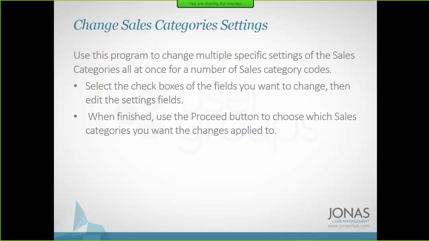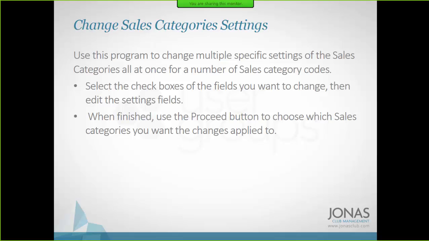Change sales categories. So this is a utility you have that would allow you to make global changes to a bunch of sales categories in one go. Now you cannot change everything. There are only certain fields this will work with. But especially on the retail front, retail tend to have a lot of categories, especially when you get into clothing.